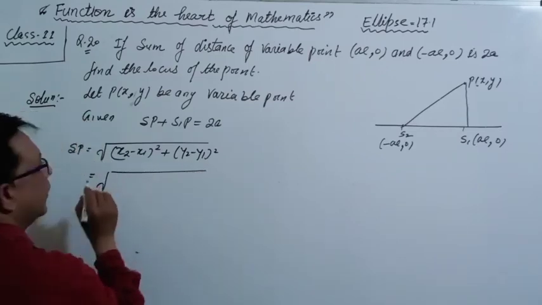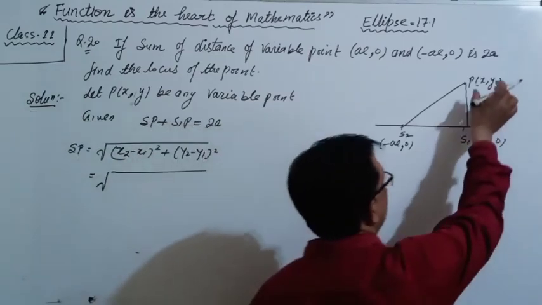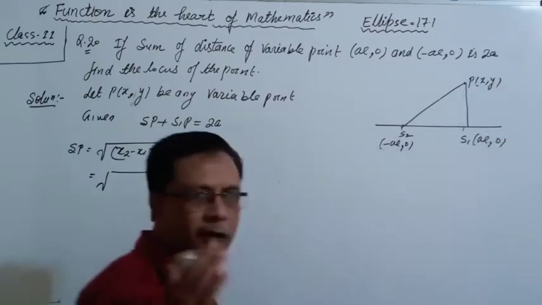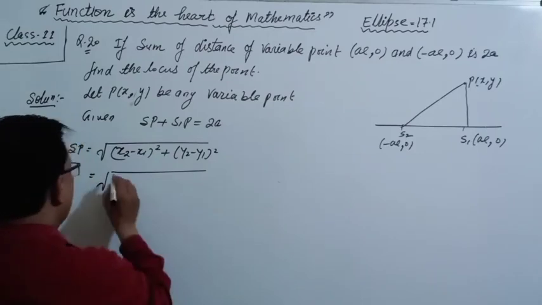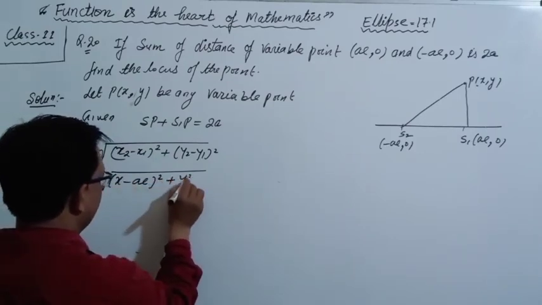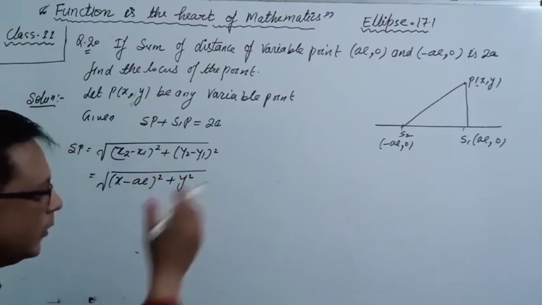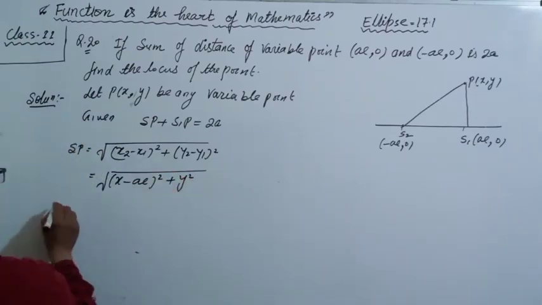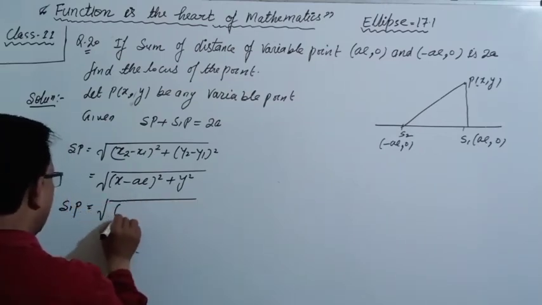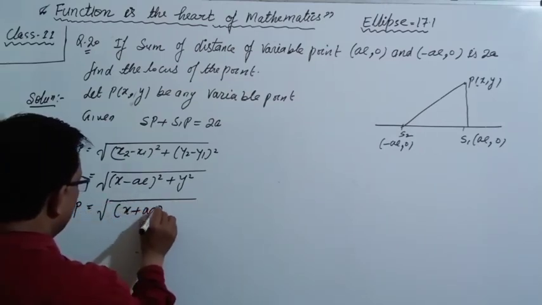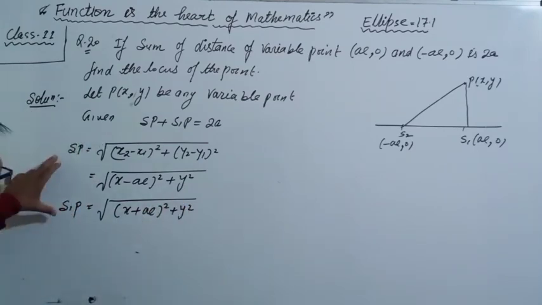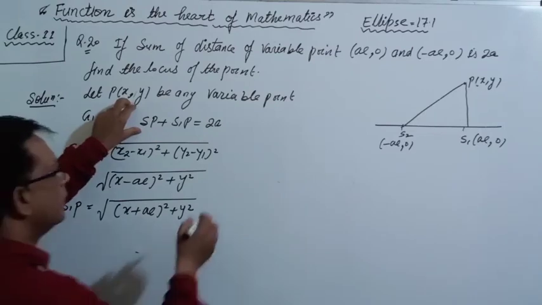You can take any point as either one. So we write here SP equals the square root of (x minus ae) whole square plus y square, because y2 is 0. Similarly, S1P is equal to the square root of (x plus ae) whole square plus y square.